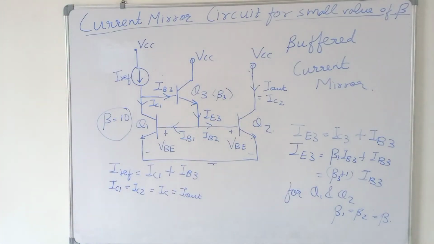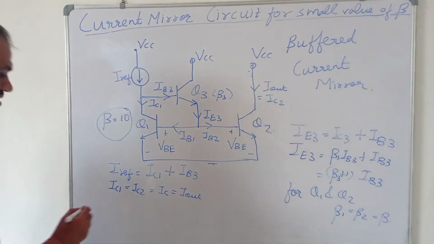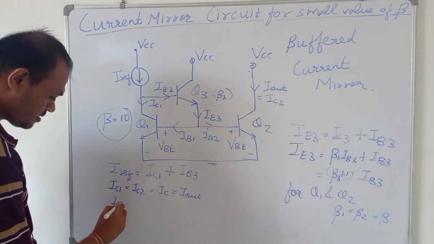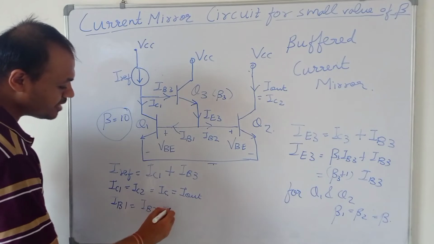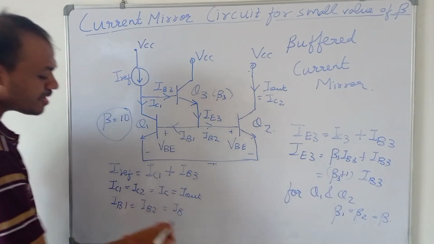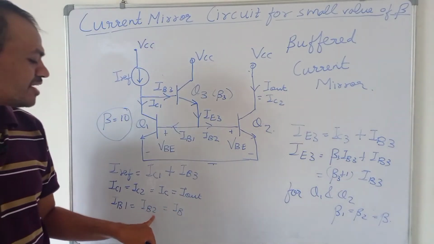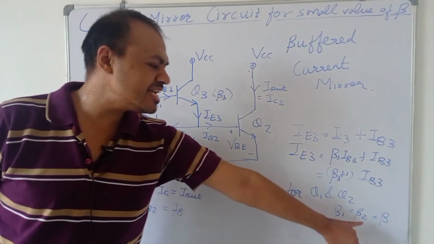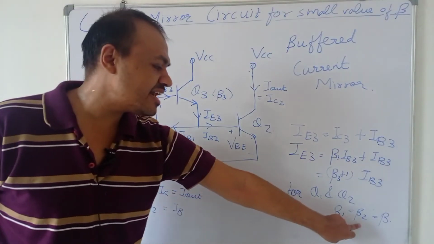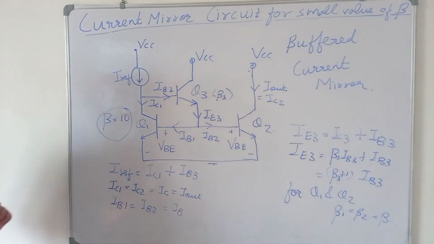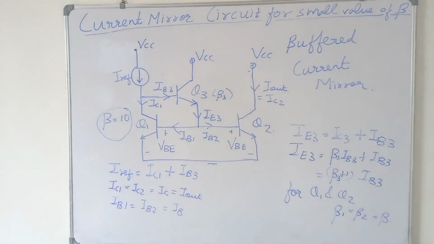And IB1 equal to IB2 equal to IB and beta 1 equal to beta 2. We are assuming that for both the transistors the base currents and current gain are the same. So obviously their collector currents will be the same as well. So IC1 equal to IC2 equal to IC equal to I out.